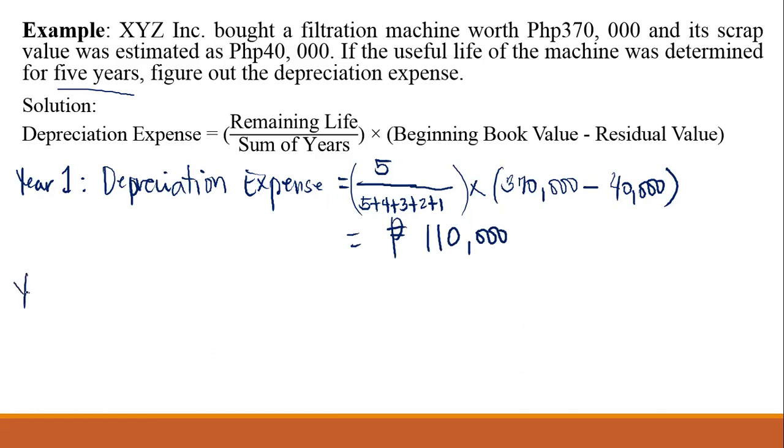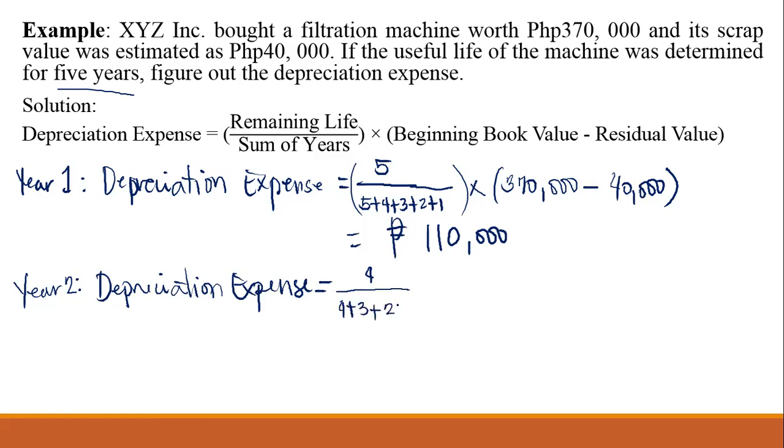And then, how about year 2? What is the depreciation expense? From 370,000, it went down by 110,000 on the first year. So on the second year, of course, we reduce the remaining life, which is 4. And then 4 plus 3 plus 2 plus 1.